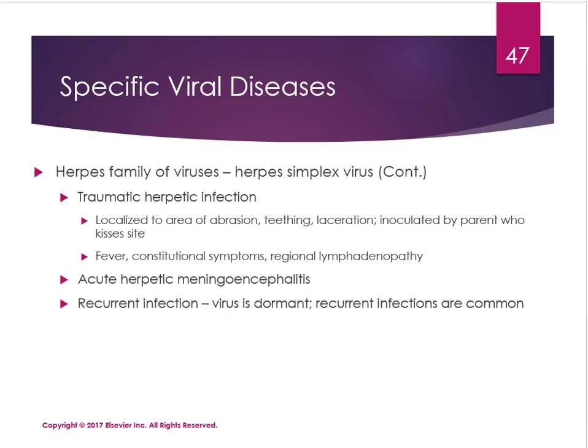After the neonatal period, infection with herpes simplex 1 is the leading cause of non-epidemic encephalitis in children. And so you can have a meningoencephalitis. And we talked about the recurrent infection, how the virus can remain dormant and then resurface.